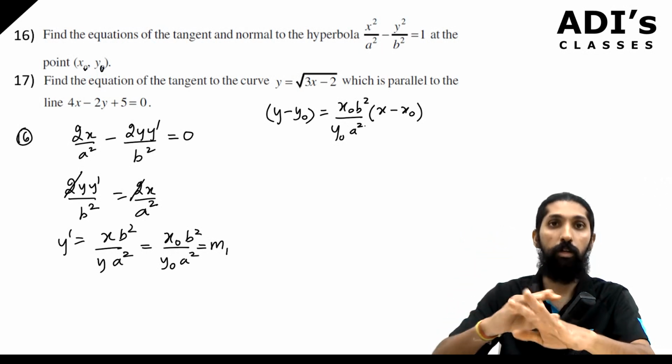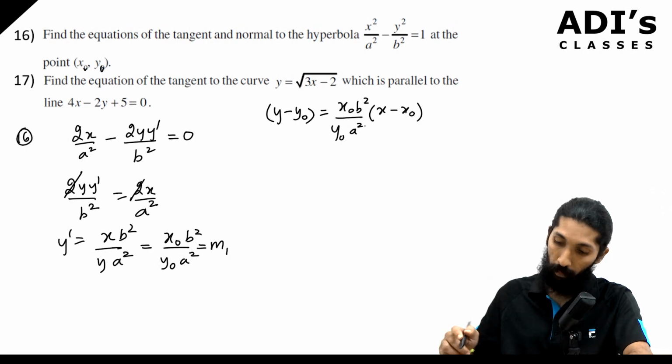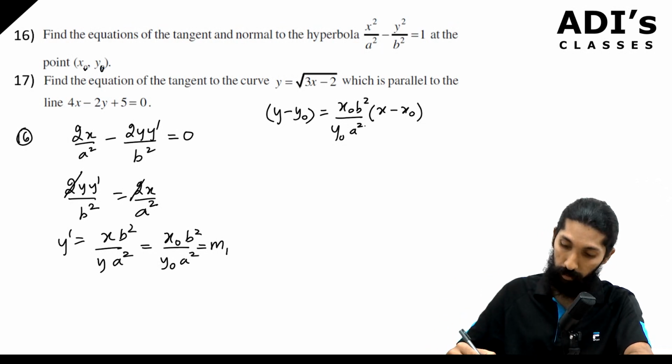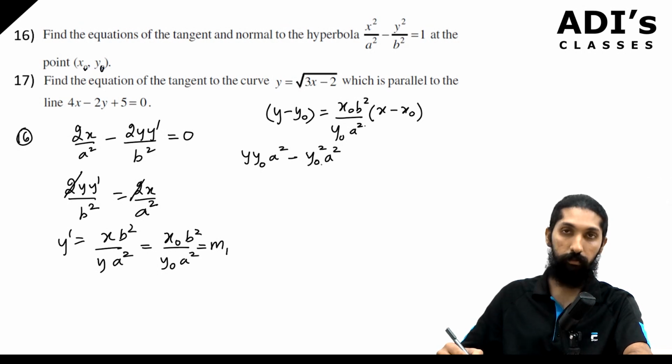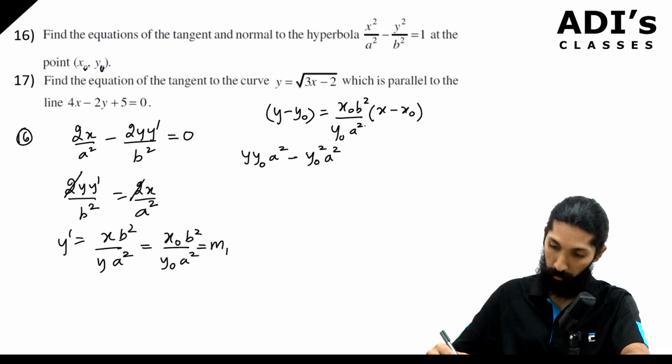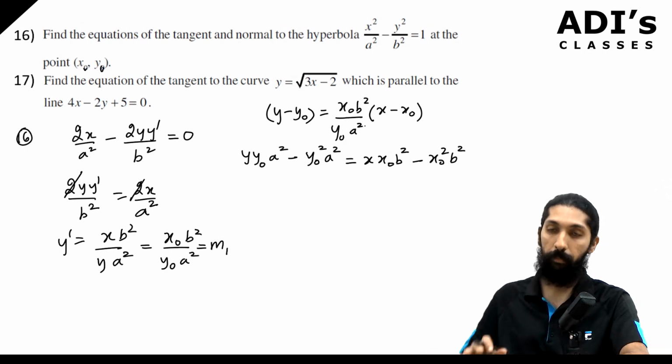Direct substitution, nothing more, nothing less. All right? Cross multiply. So you will get y naught a square minus y naught square a square, correct? Is equal to x naught b square minus x naught square b square.